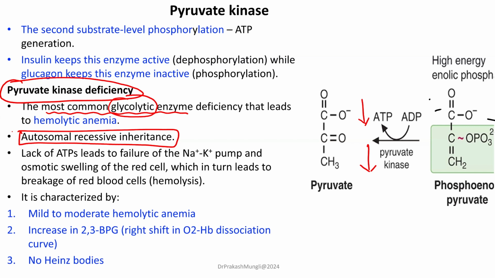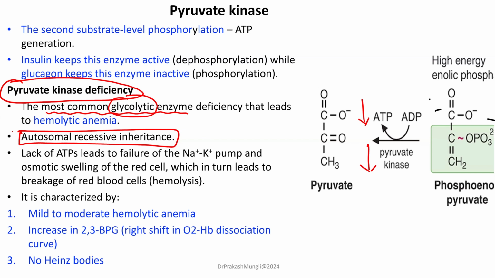We are going to study G6PD deficiency, the most common out of all metabolic pathways leading to hemolytic anemia. Whereas if you restrict yourself to glycolysis, pyruvate kinase is the most common. Anyway, not really that important. Just know that pyruvate kinase enzyme deficiency leads to hemolytic anemia.